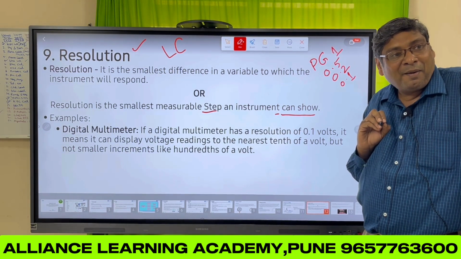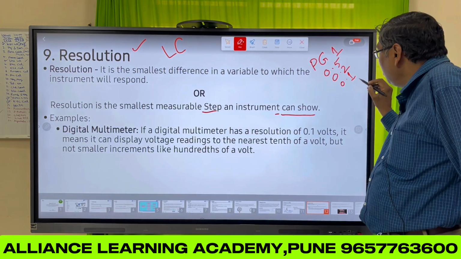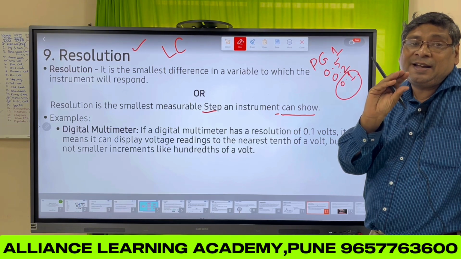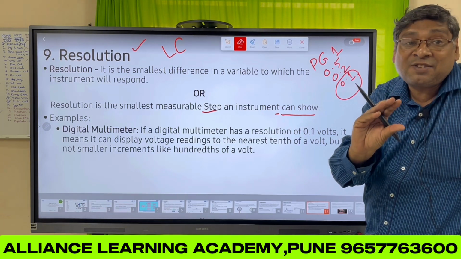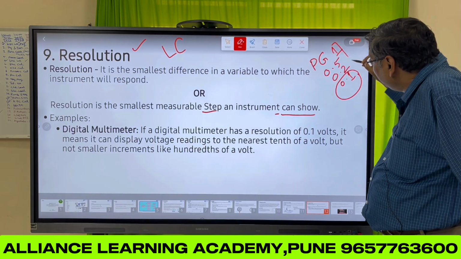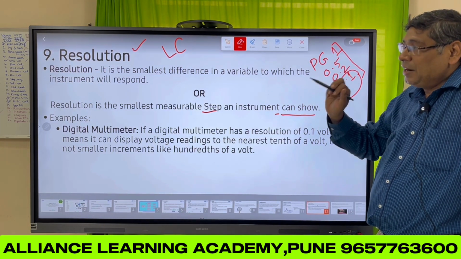But here, what is the resolution? The resolution is 0.1, which means that particular instrument can measure the smallest value as 0.1. But least count can be different.